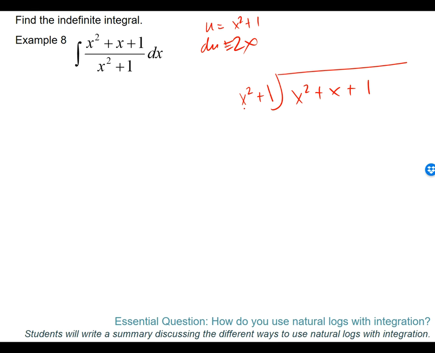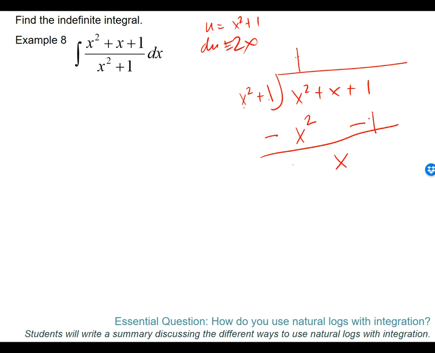Alright, so how many times does x squared go into x squared? Once. Okay, then I multiply it out. 1 times x squared is x squared, 1 times 1 is 1. And then remember, what do we do to the signs here? Flip them, right? Subtraction. The x squareds are gone. I'm going to drop down the x.